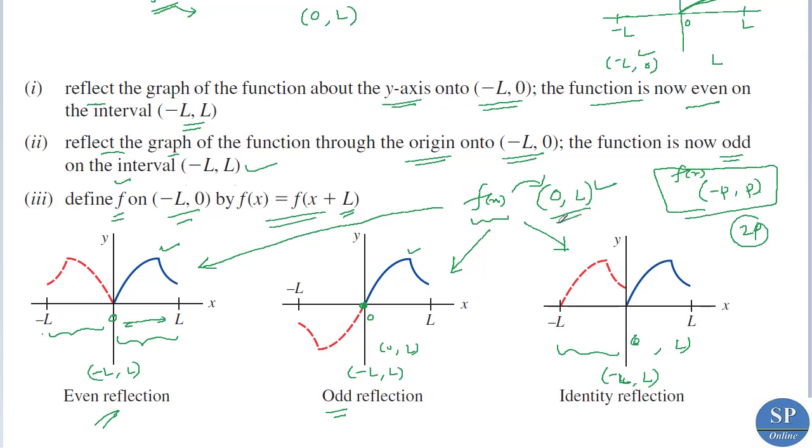But if you are given the function on 0 to L, and you are directly finding the Fourier series with this interval, we will get 2p equal to L. That is, the length of the interval is 2p, which is L here. So in this case, p equal to L by 2. That means the period of the periodic extension is actually 2p equal to L here.